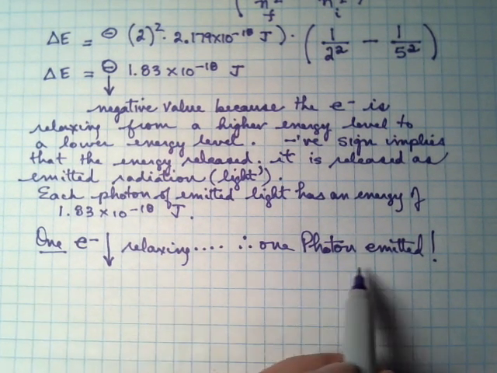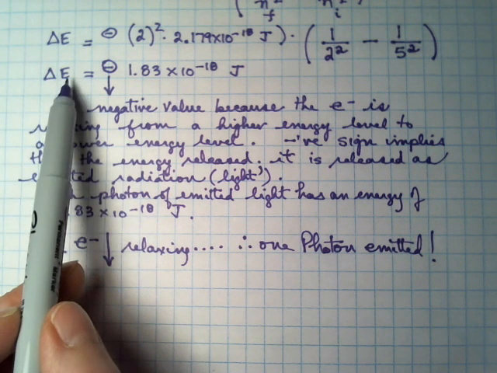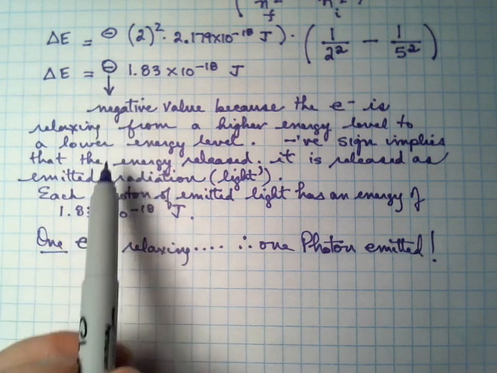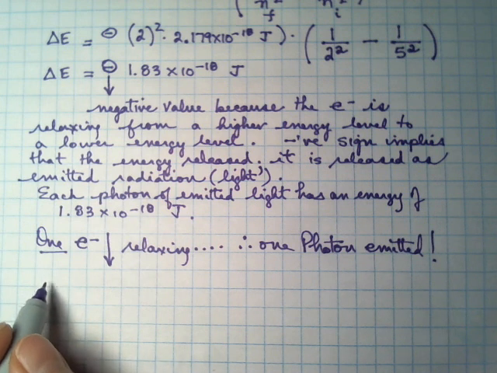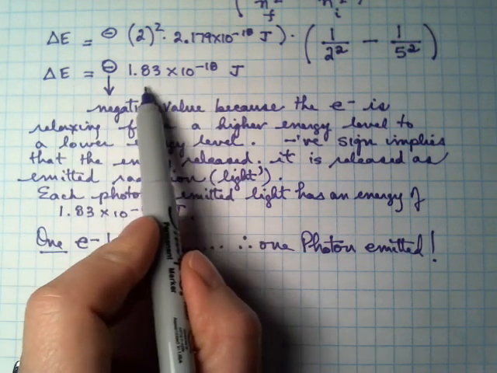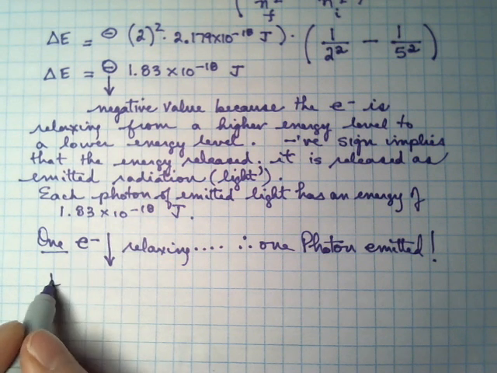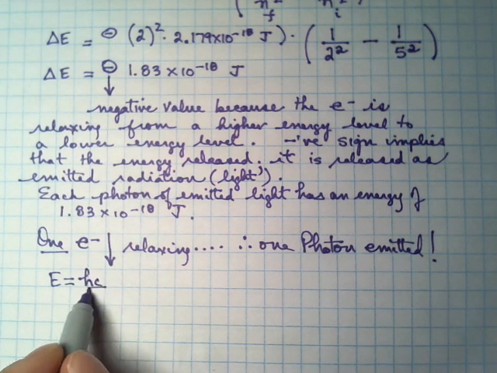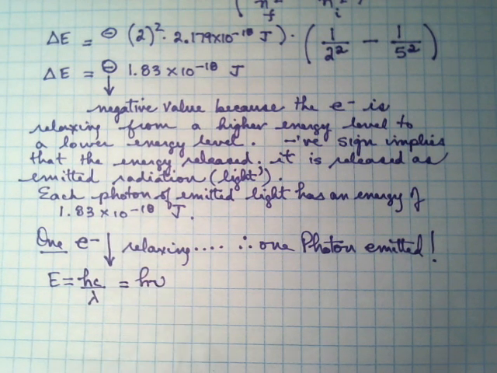So if that's the energy of the photon, then that value that I have for delta E, what I do is I drop now the negative sign because it doesn't have any value for the energy of the photon, and that value that I just calculated is in fact the energy that I use to describe the photon, hc over lambda, or h mu.